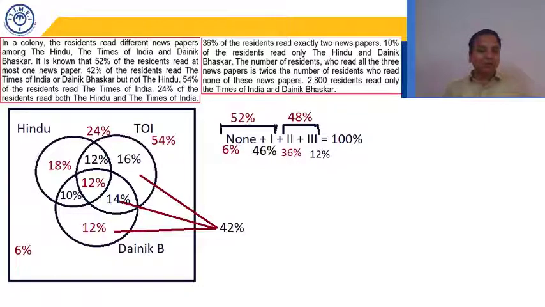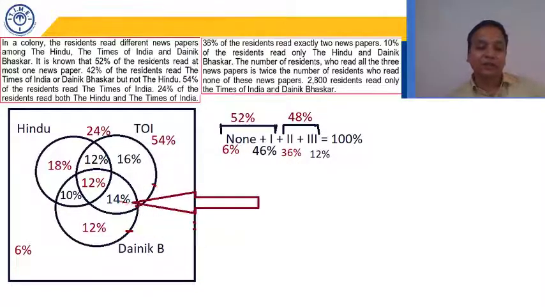Now we have completed this whole diagram in percentages. Now we desperately need a value to get the values of every specified region. Moving further, it said 2800 residents read the Times of India and the Dainik Bhaskar. Now 2800 is represented by this region, which we marked as 14%.